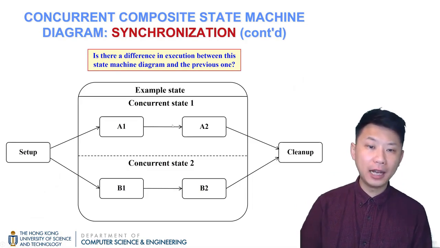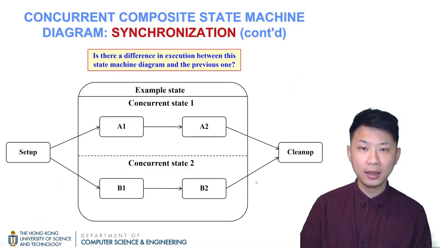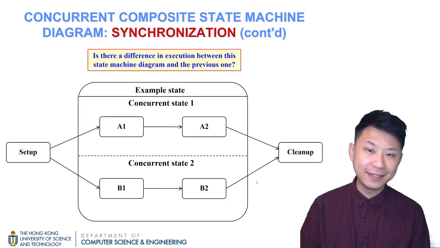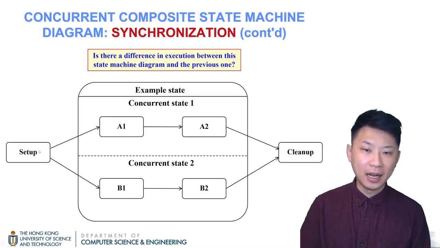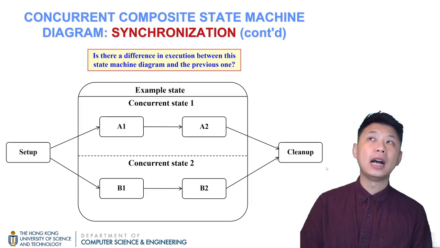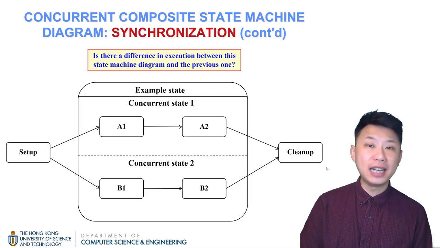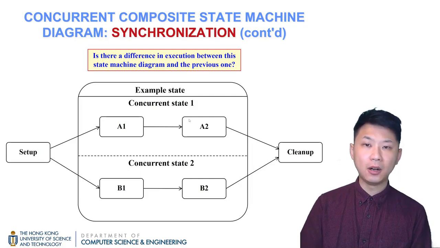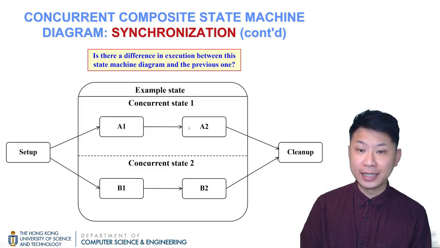So now what if we don't have the bar? Then that means we are not doing synchronization. Without synchronization, we will either follow this path or the other path, but not both at the same time. Why? Because a state machine diagram is always deterministic. That means we can always determine the states that an object is in at a particular time.